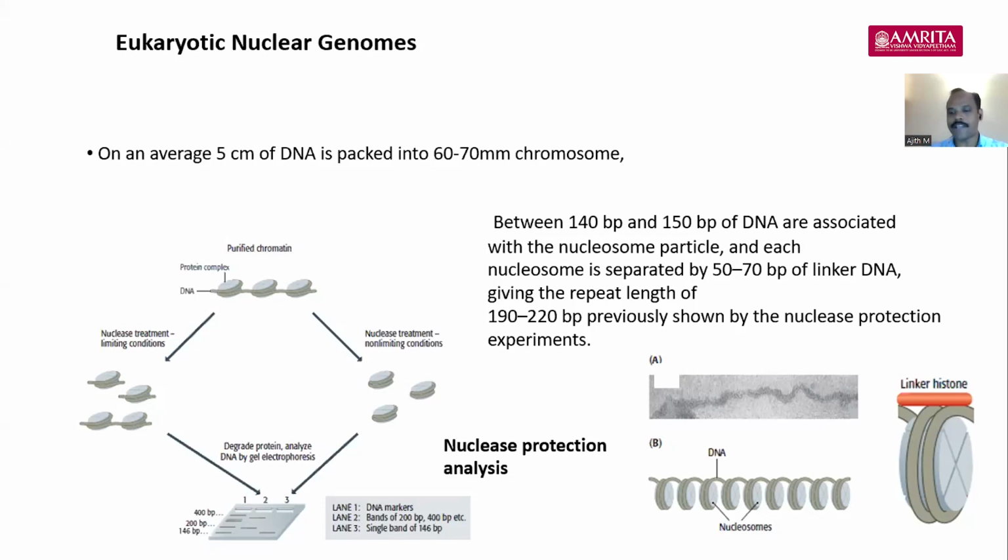So what you can do is digest it. You get a spool with wound DNA in it. Remove the protein by enzymes, protease, for example. Then remove the DNA and find out its length. That's how people arrived at 140 to 150 associated with the spool, and 50 to 70 that connects the spools together, the linker molecule.